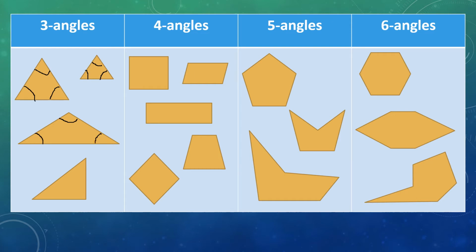So again, to show angles, we use this half, kind of like part of a circle to show. But when we have a special angle like this one, this is called a right angle or a 90-degree angle. So we try our best to create a square.